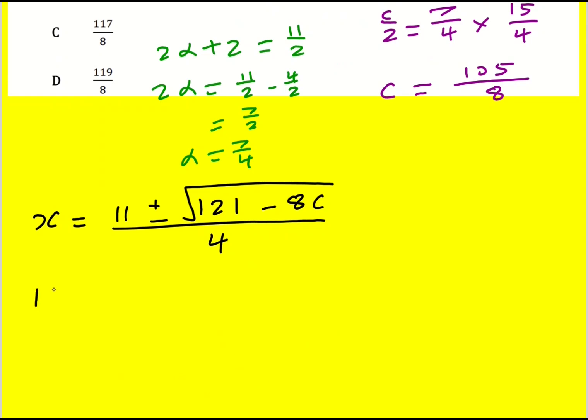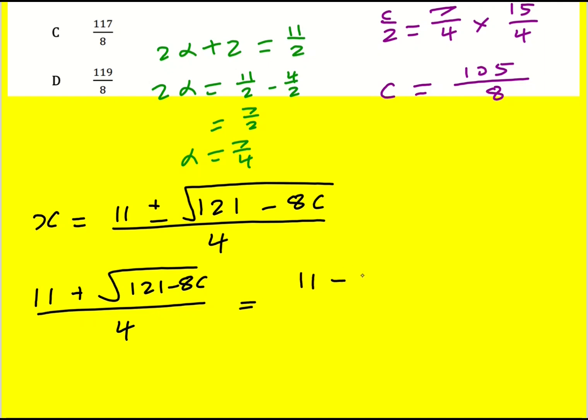So I'm going to get 11 plus root 121 minus 8c over 4. That's definitely going to be the bigger root. And that, therefore, is going to equal 11 minus root 121 minus 8c over 4.